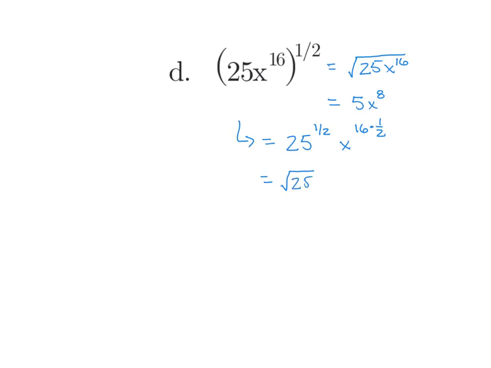And now for this one, 16 times 1/2 is x to the 8th. If we do 16 over 1 times 1 over 2, this is the same thing as 16 over 2, which is 8. And the square root of 25 is still 5.